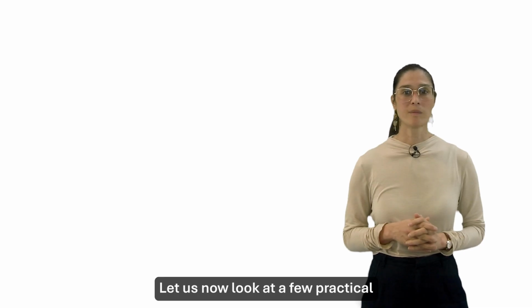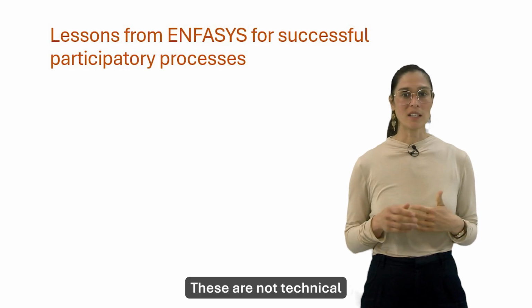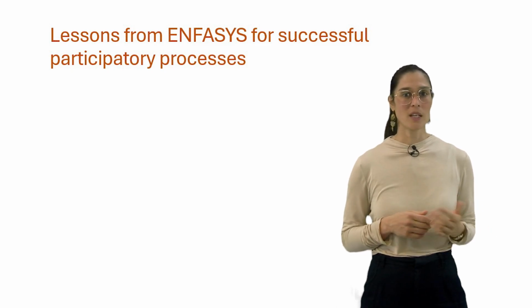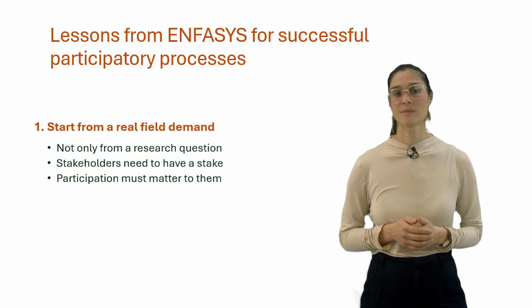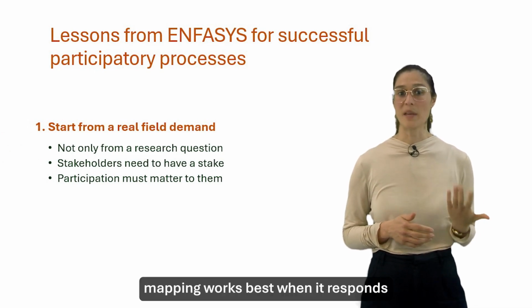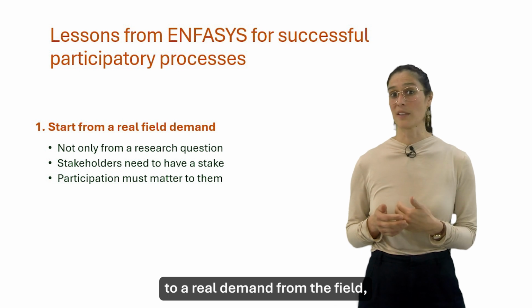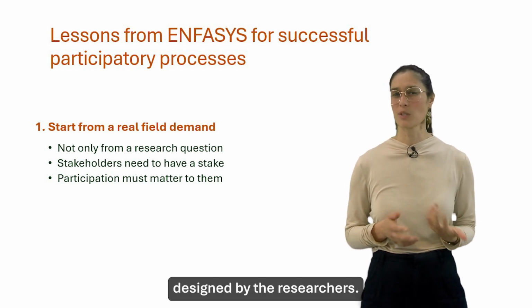Let us now look at a few practical lessons from the ENPhaSys experience. These are not technical tips on drawing maps. They are lessons about the process itself. The first lesson is that participatory mapping works best when it responds to a real demand from the field, not only to a research question designed by the researchers.